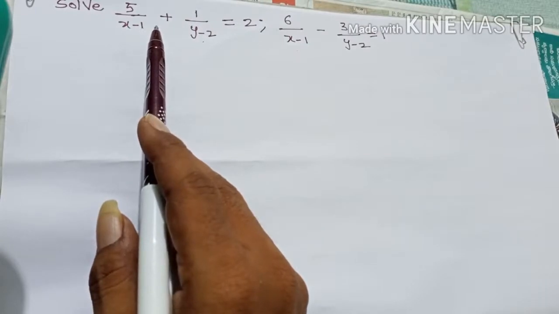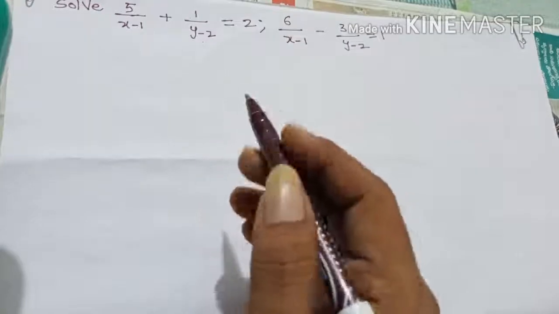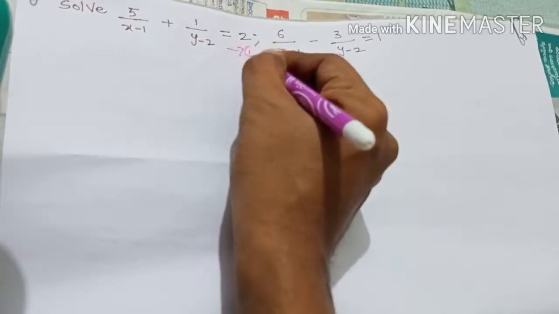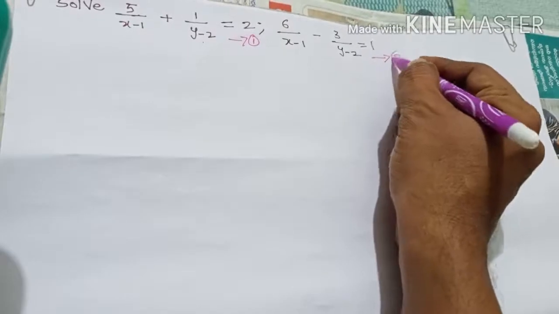So how do we take the substitution? That is the most important. Before that, you take this as equation 1, and you take this as equation 2.